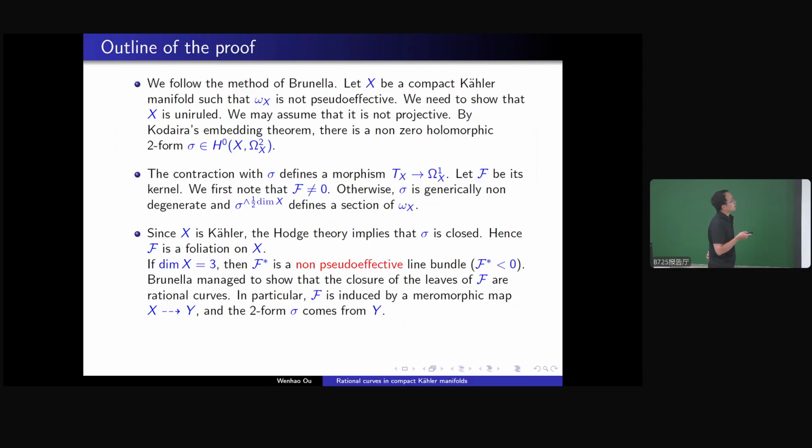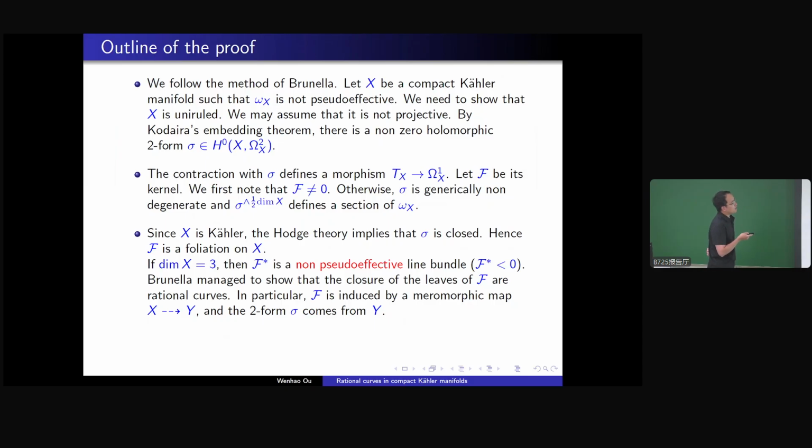It goes from the tangent space to the cotangent space, because it is a two-form: I contract it with a vector, and the output is a one-form. So we have this morphism, a holomorphic morphism between holomorphic bundles. We can define the kernel of this contraction, F. Then F is a coherent sheaf.